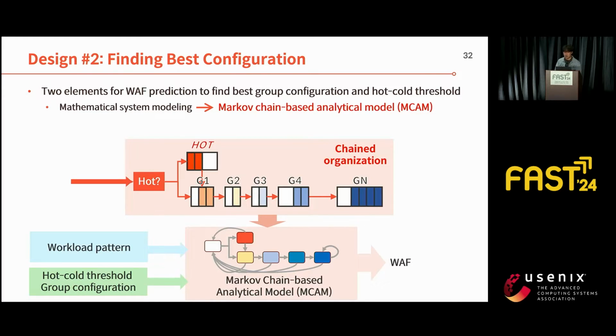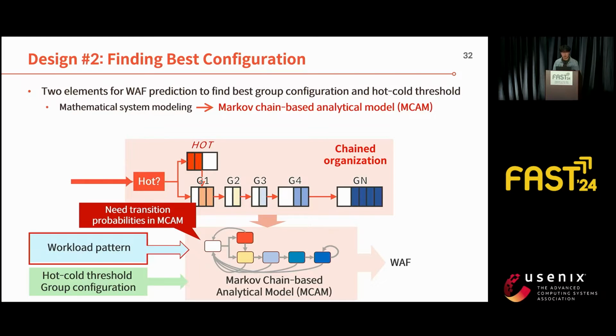However, MCAM alone cannot fully predict the WAF because it does not know how much data moves between groups. That is, the transition probabilities between groups are required to predict the WAF. So to obtain the transition probabilities, we need to know the workload patterns.